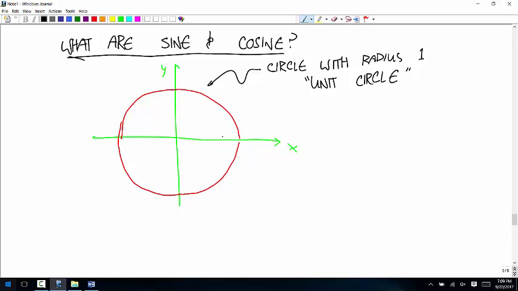We're going to start at the positive x-axis, rotate 120 degrees counterclockwise, so there, and draw that line. So this angle we'll call theta.